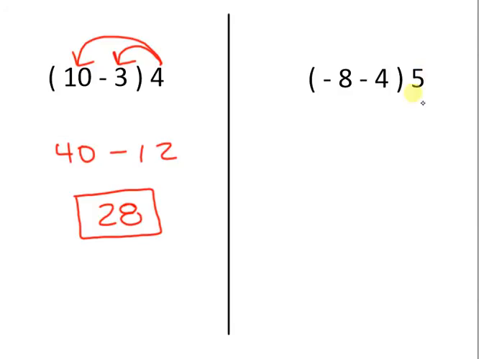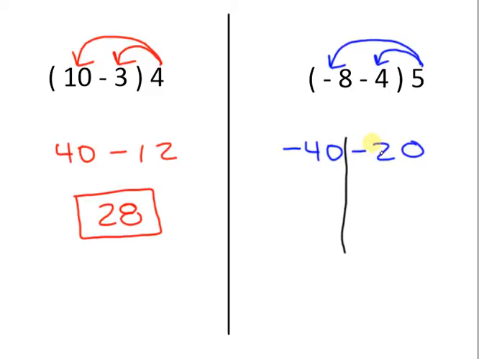This problem over here, the 5 is on the outside of the parentheses, so you're going to distribute it first to the -8, and then you're going to distribute to the 4 right here. So 5 times -8 is -40. Bring down your minus sign, and then 5 times 4 is going to be 20. Now here you have -40 minus 20, so you need to do keep, change, change.